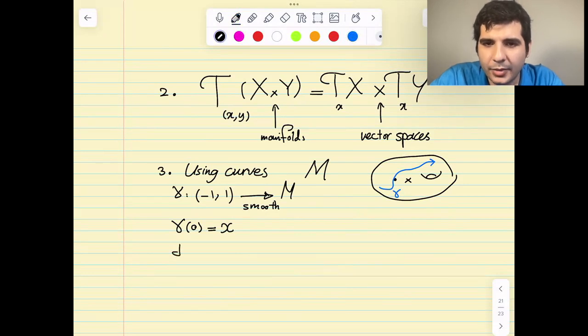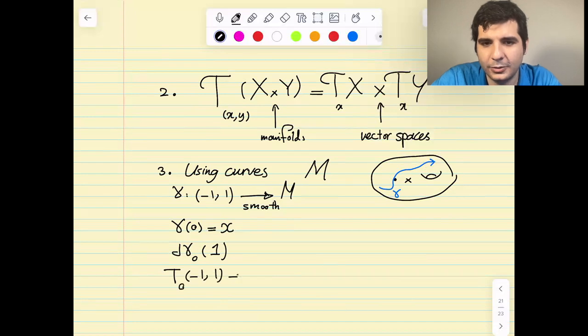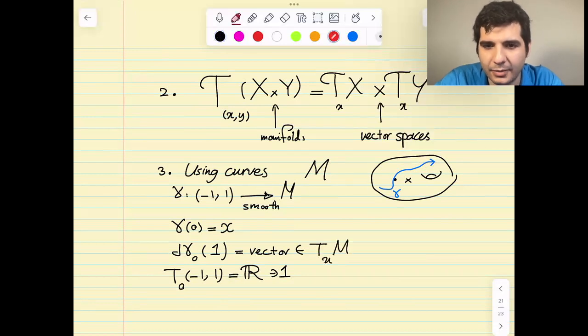We can think about the tangent to this curve at the point x. This would be the derivative of gamma at the point 0 acting on 1. Note that the tangent space to the interval at the point 0 is equal to R, the one-dimensional Euclidean space, and we are taking 1 as a vector in R. So the derivative of gamma at 0 acting on 1 would be a vector in the tangent space of M at the point x, this red thing.